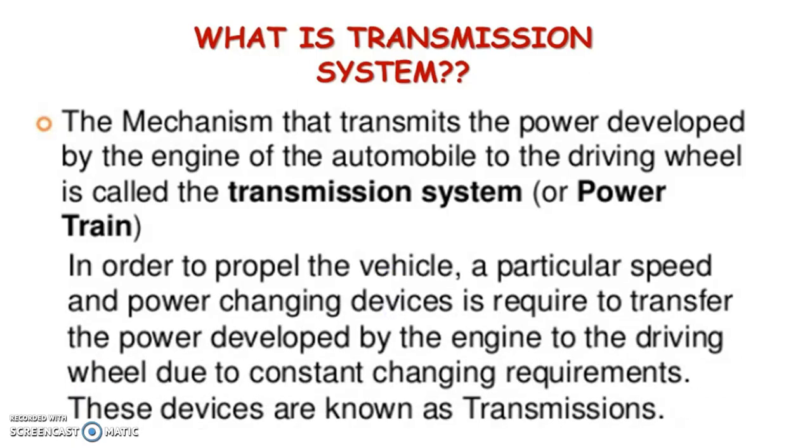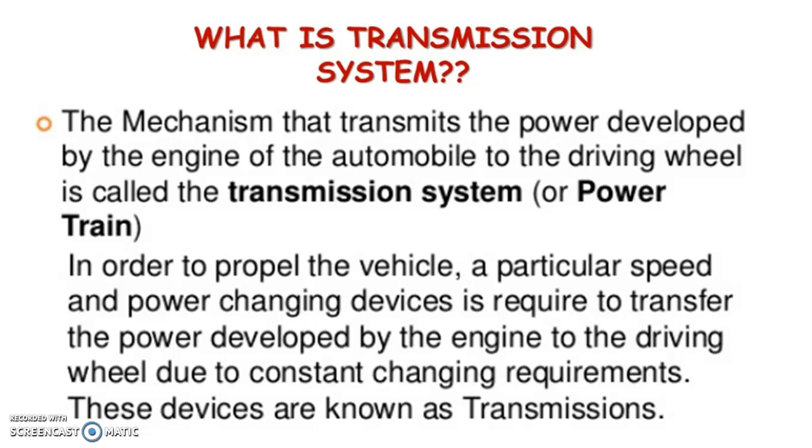In order to propel the vehicle, particular speed and power changing devices are required to transfer the power developed by the engine to the driving wheels due to constantly changing requirements. When we drive the vehicle, we need to increase or decrease the speed, and this is nothing but the constantly changing requirements.